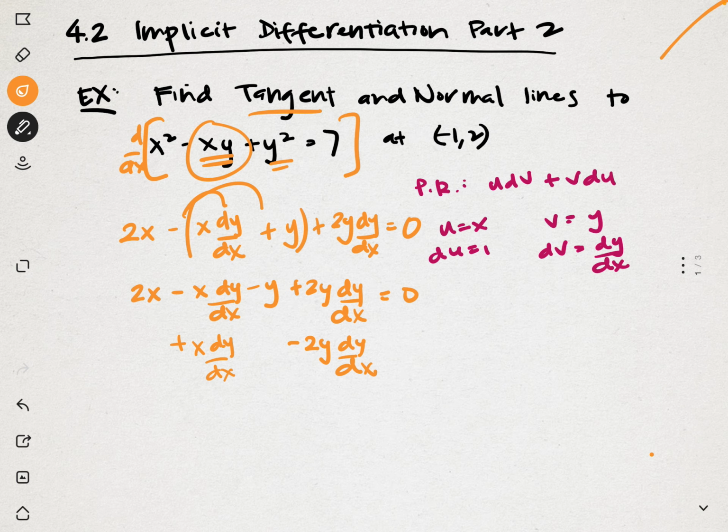From both sides. So on the left hand side we end up with x dy dx minus 2y dy dx. These cancel.